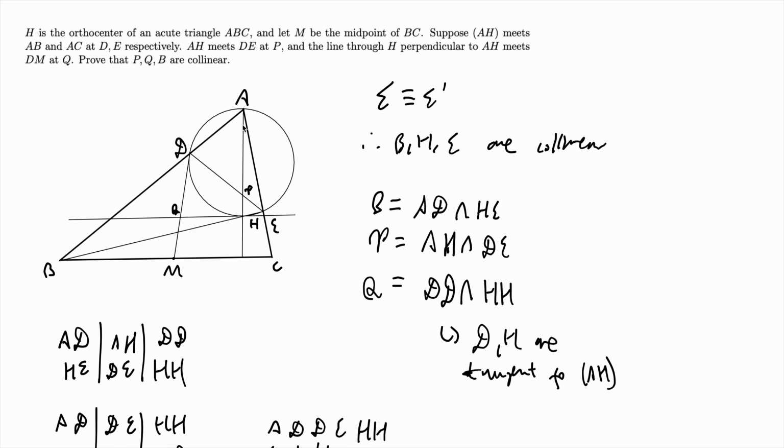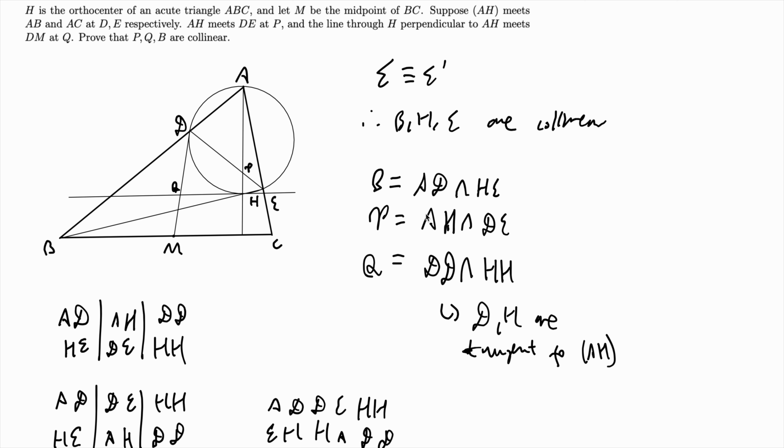If we quickly go over it, what we just did is prove that B, H, E are collinear, because there exists only one circle that has AH as the diameter.